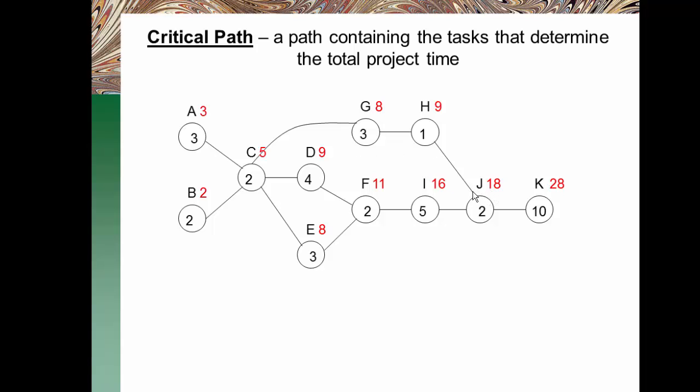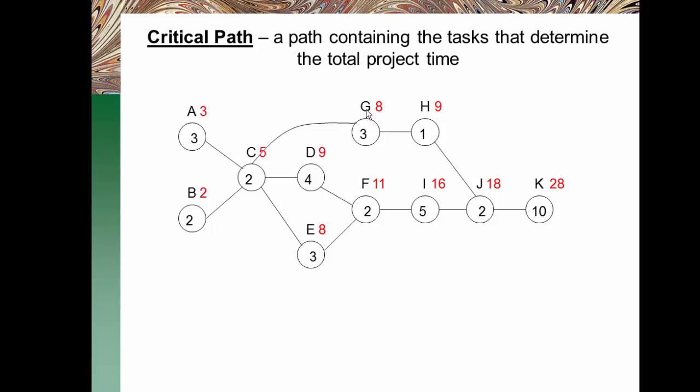Now, notice that task J depends on H and I. Even if I improve this number here, 9, let's say, to 8, that doesn't change the number 18 in here, because the maximum here is what we take into consideration to add to 2, and that will give us 18. So notice that H doesn't have much importance here.